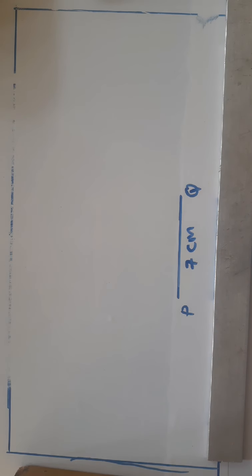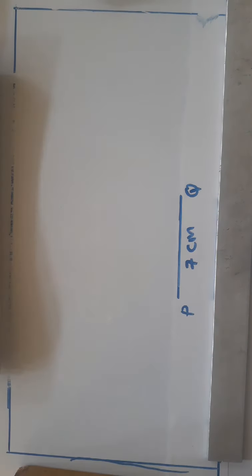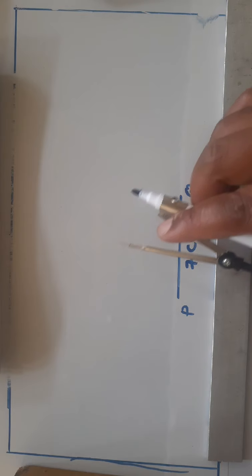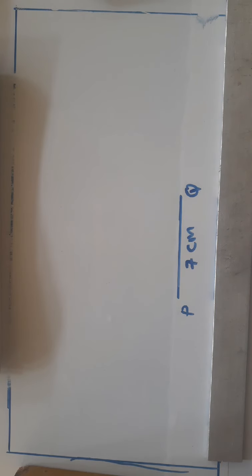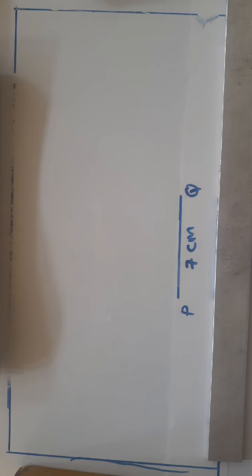Now the next measurement is PR or QR, whichever. So PR. According to our sketch, we need to have P, Q, and R somewhere here. So now we get the measurement for PR, and the length for PR is 6 centimeters.